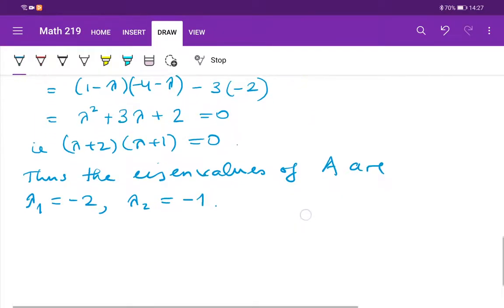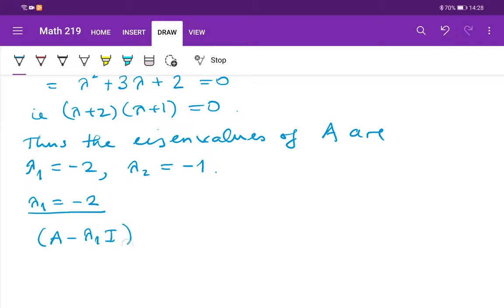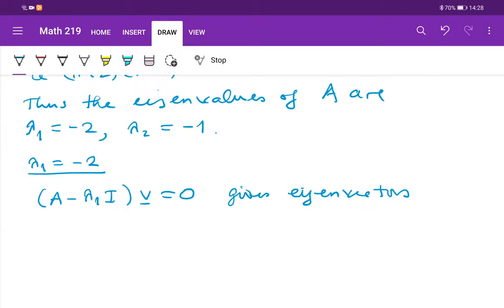Okay, so we have 2 eigenvalues, and for each eigenvalue there is at least one eigenvector. So we do this in turn. So let's first look at lambda 1. To find eigenvectors, we have to solve (A minus lambda 1 I) v equals 0. This gives eigenvectors corresponding to the eigenvalue lambda 1.